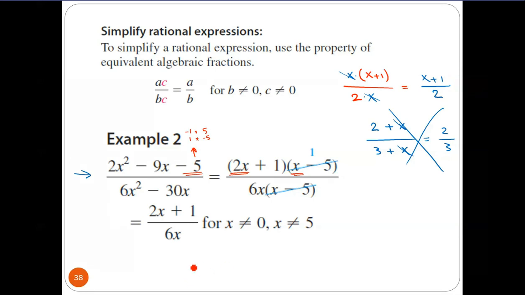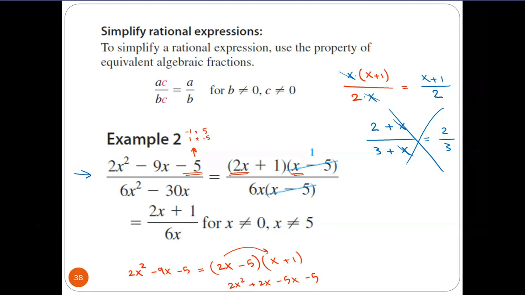This is correct. Look at this, 2x squared minus 9x minus 5. If some student put 2x minus 5 with x plus 1, for example, look at this: 2x multiply x, 2x squared, 2x multiply 1, 2x, minus 5x, minus 5.